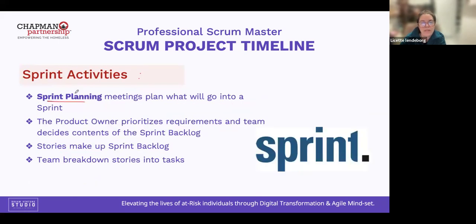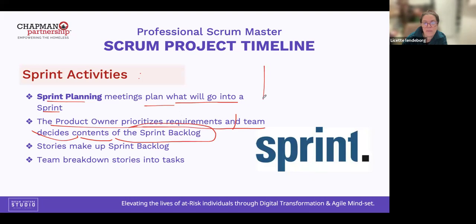So the sprint planning meetings plan what will go into the sprint. The product owner prioritizes requirements, and the team makes a decision on what to include in the sprint backlog. Remember, the product backlog is the universe, and the sprint backlog is a subset. It's a subset that we take from here and put it here. This is the sprint backlog.